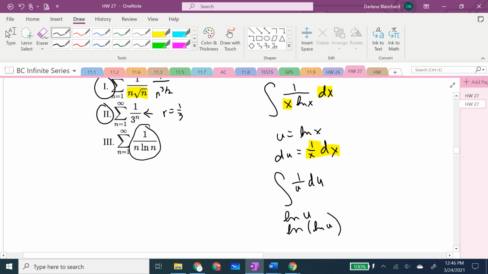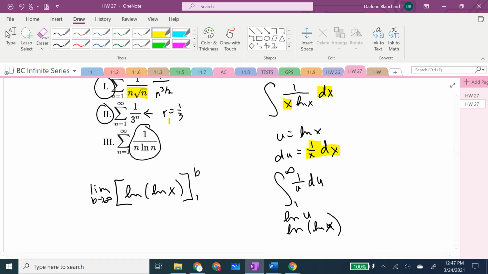And then if I'm trying to integrate from 1 to infinity using the integral test, then I'm going to be looking at natural log of x. I'm integrating from 1 to b, where b is heading to infinity.